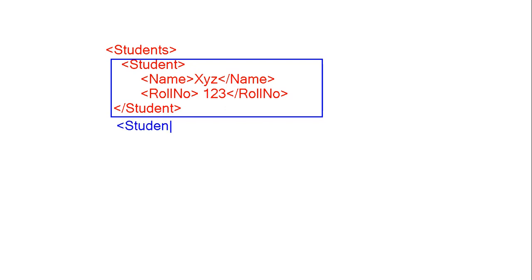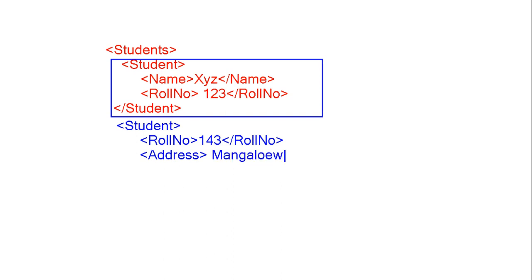So to create a student, I start with student. Then I am going to say roll number 143, slash roll number, and then address. I'm doing it purposely. You may ask, where is the name of this student?